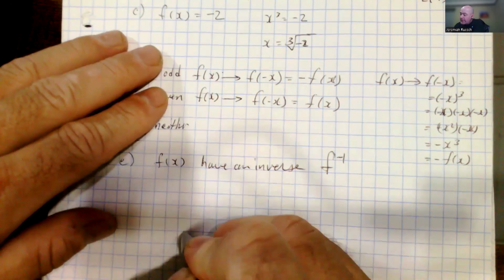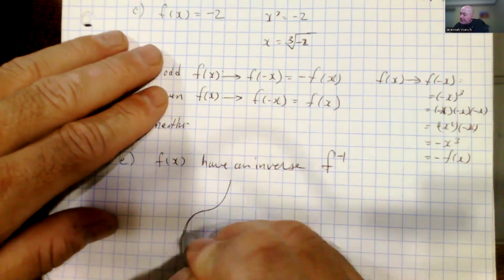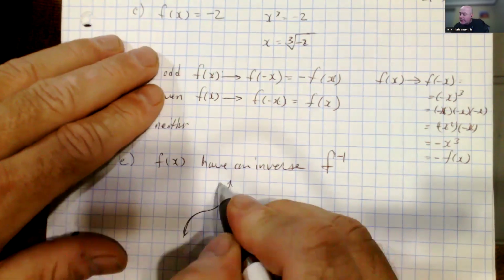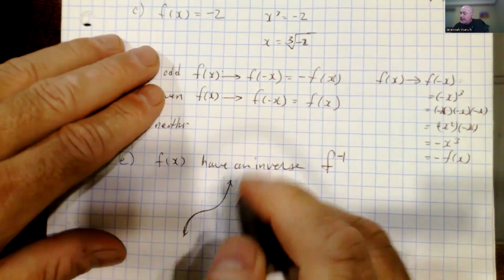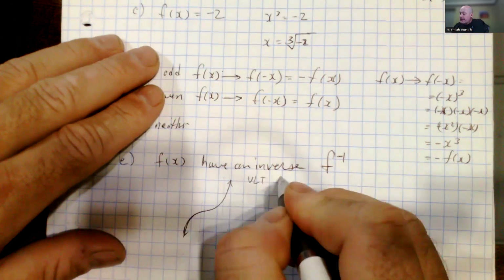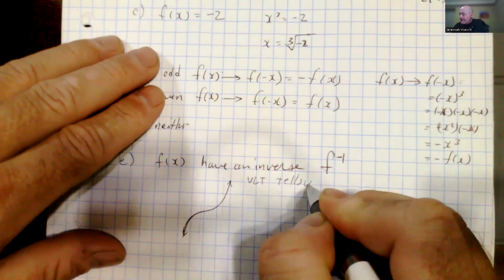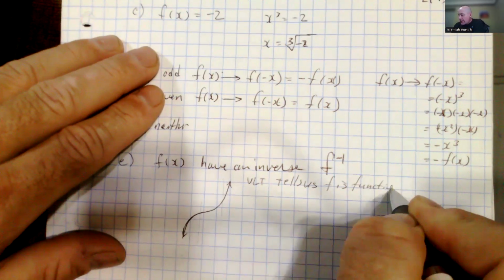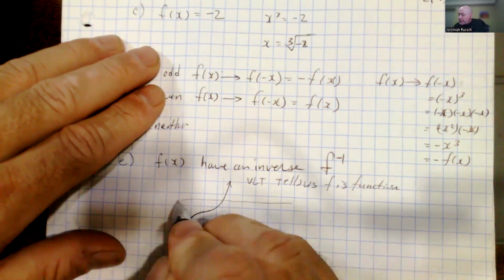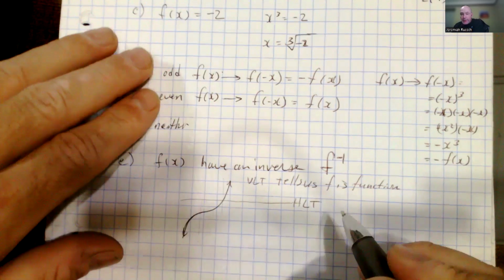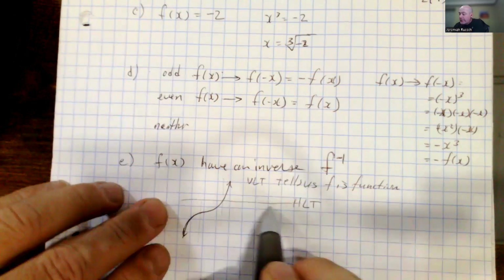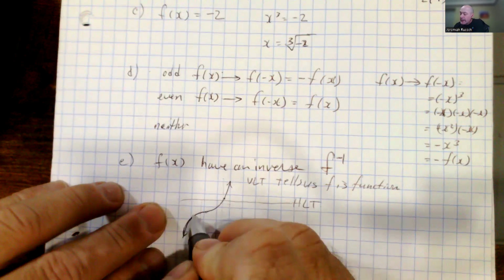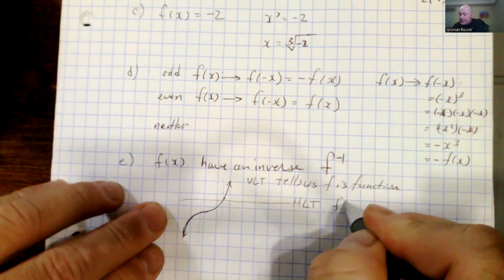If I look at the graph of f, we saw earlier in week 1 that if I draw vertical lines, the vertical line test tells us f is a function. If we look at the horizontal line test, it says that if my horizontal lines intersect the function at most one time, then f inverse exists.